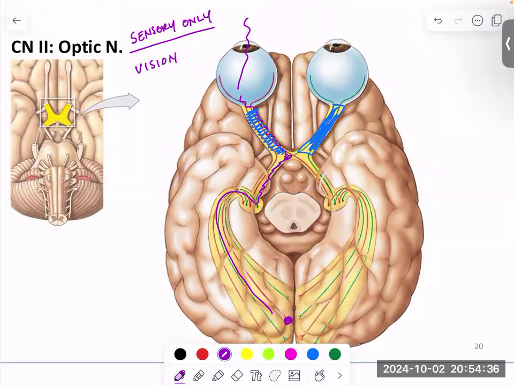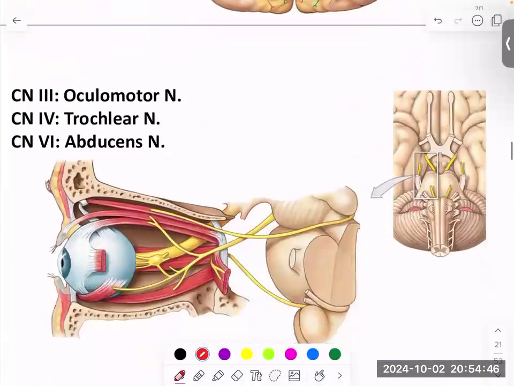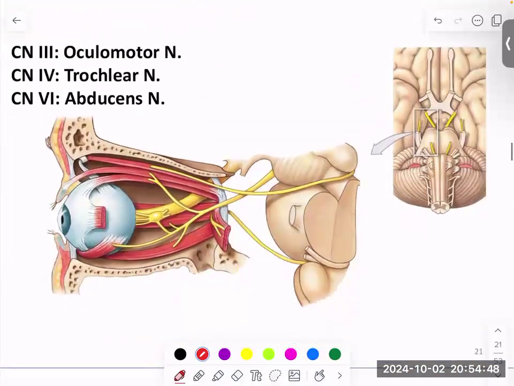The first three I'll start with O. Olfactory, number 1. Optic, number 2. Ocular motor, cranial nerve number 3. Cranial nerve number 4, trochlear. Cranial nerve number 6, abducens.